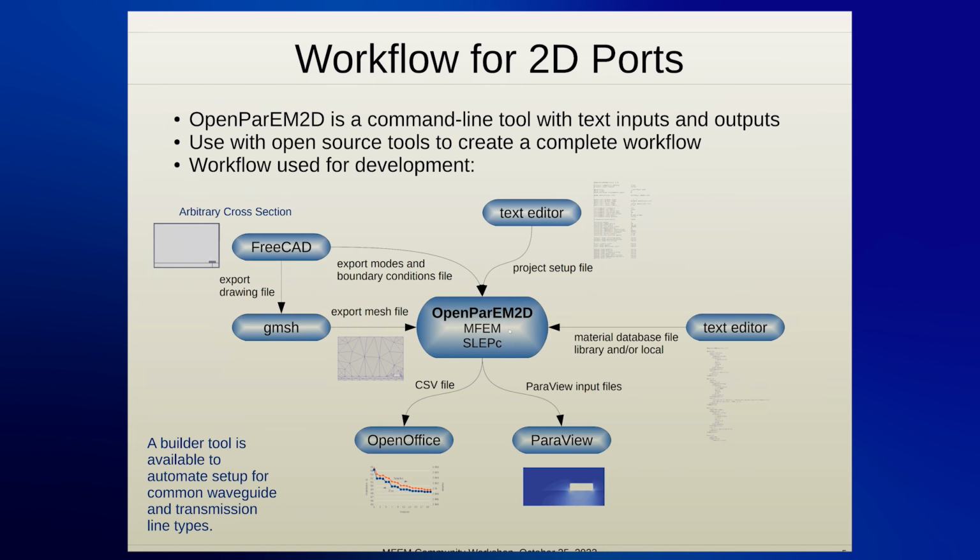The 2D simulator itself uses MFEM, the main topic here, and the 2D simulator is also using SLEPc to solve the eigenvalue problem. Once it's done solving, it produces a CSV file for output that you can take into, say, OpenOffice and make plots however you'd like. And then the field outputs go to ParaView, and then you can look at field plots.